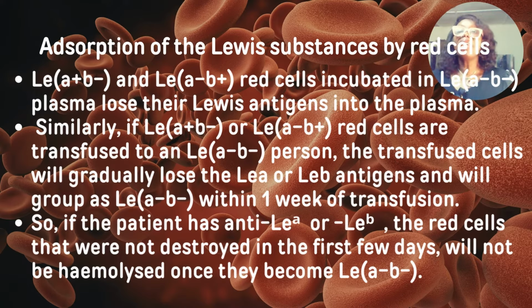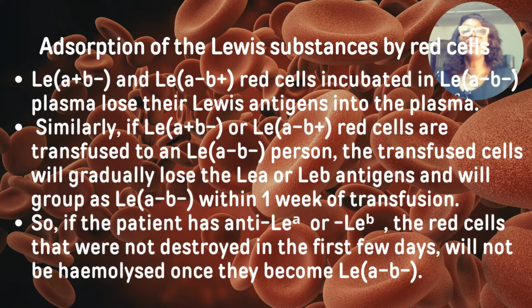Similarly, if Le(a+b-) cells or Le(a-b+) red cells are transfused to an individual who is Lewis A minus, Lewis B minus, the transfused red cells will gradually lose the Lewis A antigen and Lewis B antigens, and eventually become Lewis A minus and Lewis B minus within 1 week of transfusion.